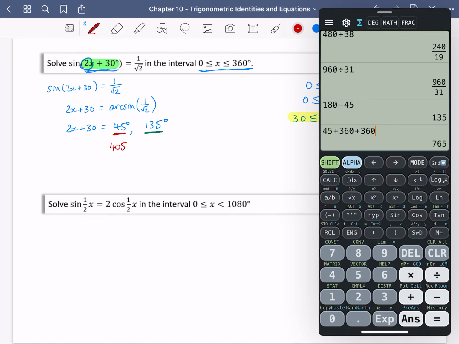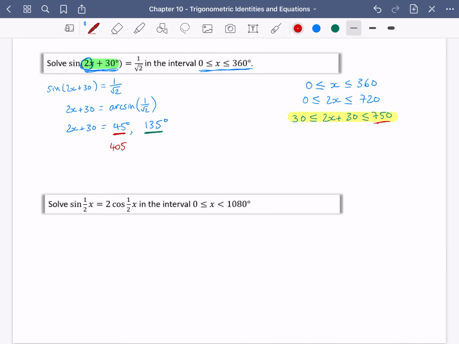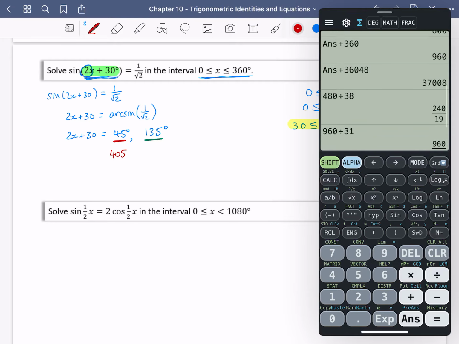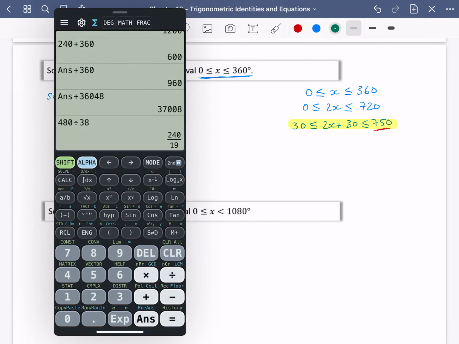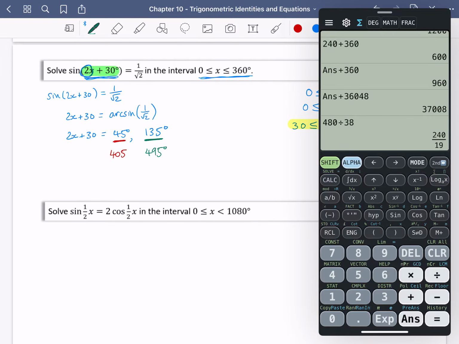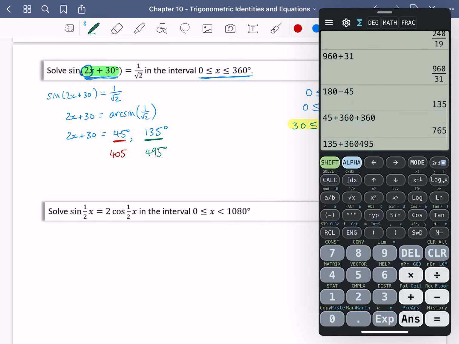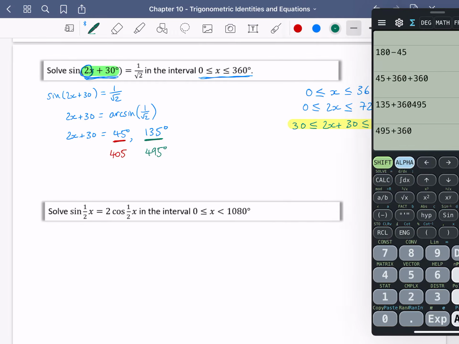So there's not much point in adding 360 on there because 765 goes beyond that range that I have. So we're going to do the other one as well. We have 135, and I'm going to add 360, and I get 495. So I have 495 degrees here. Now, obviously, if I add another 360 to this, clearly it's going to be too big.